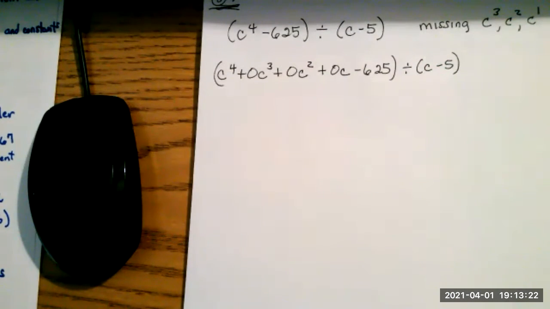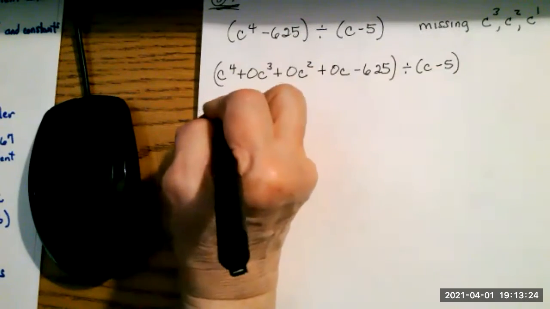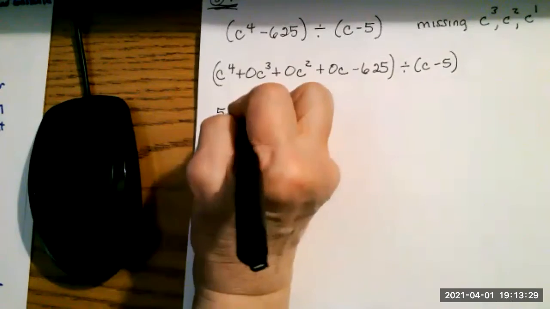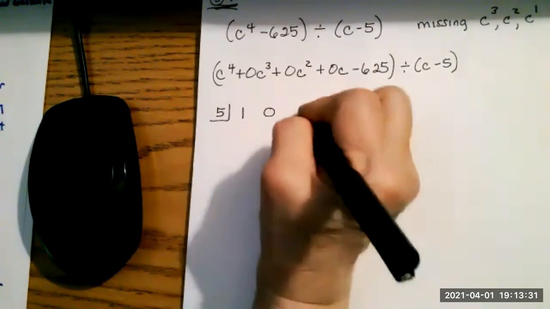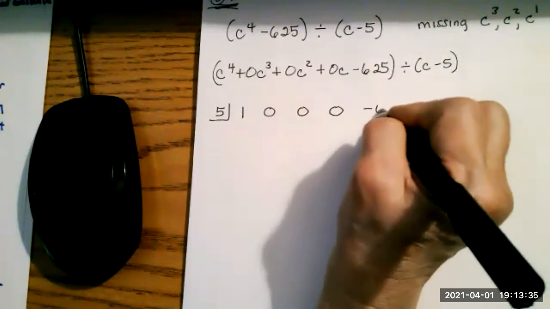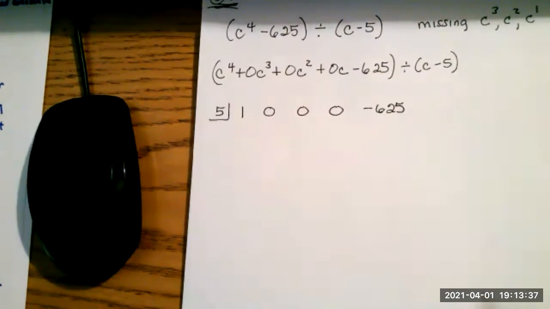So I take the opposite. So I put 5 in my little box. I have 1, 0, 0, 0, negative 625.